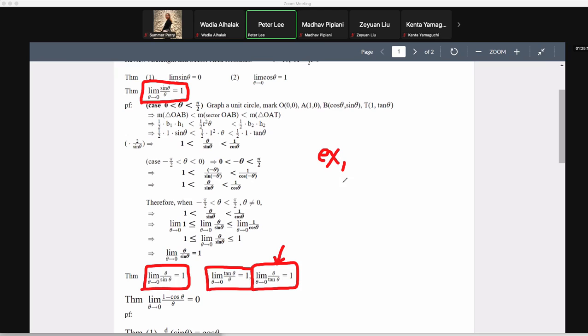What is the limit of theta over sine theta? No, tangent theta, as theta is approaching 0. What is this?